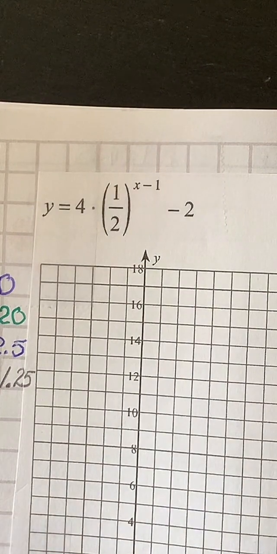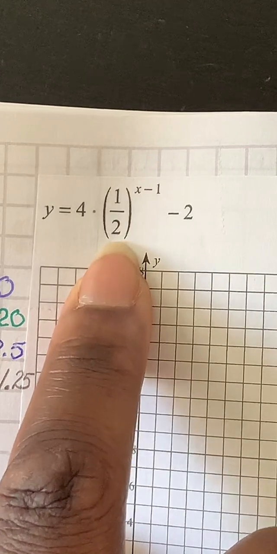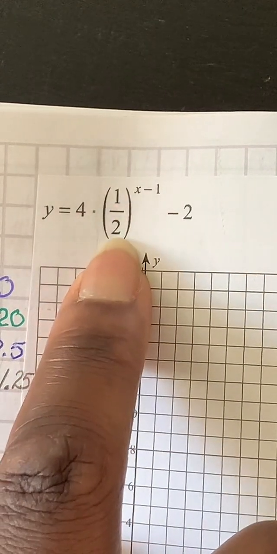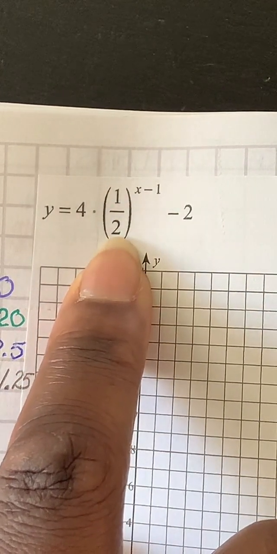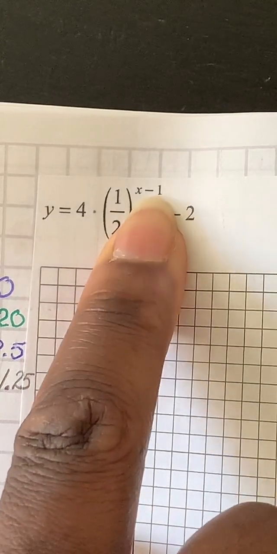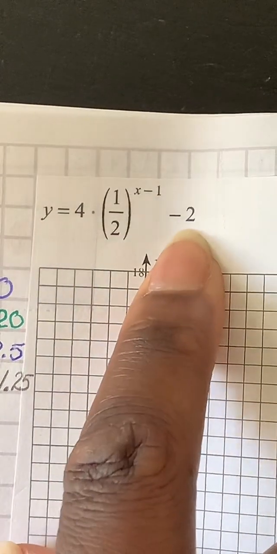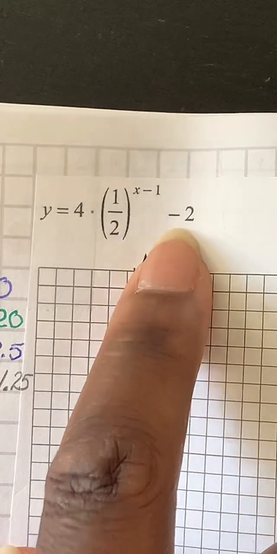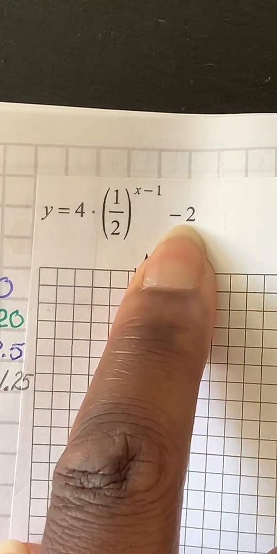Okay? So the transformation is, and then this is going to be decay because my B is between 0 and 1. All right, so we're dealing with decay. The transformation is going to the right 1 and down 2, and my asymptote is going to be -2.